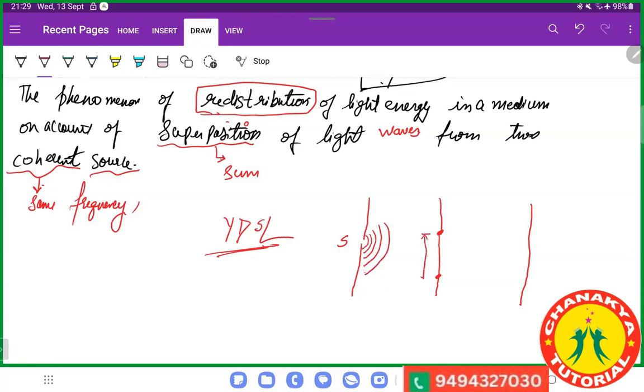This is a distance D. S1, slit 1, slit 2. So, double slit.